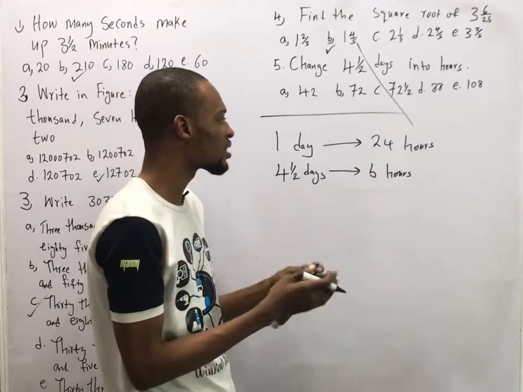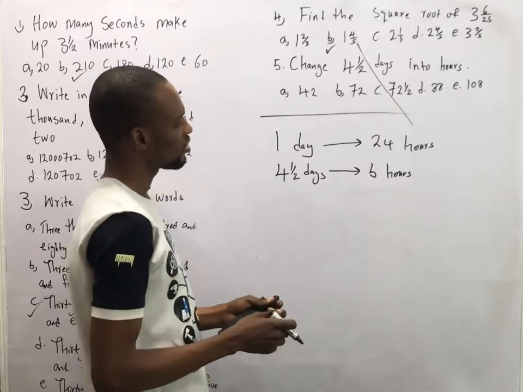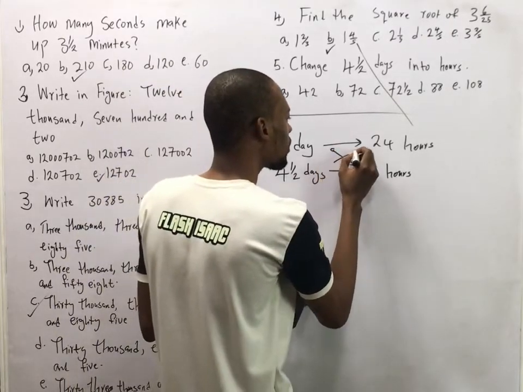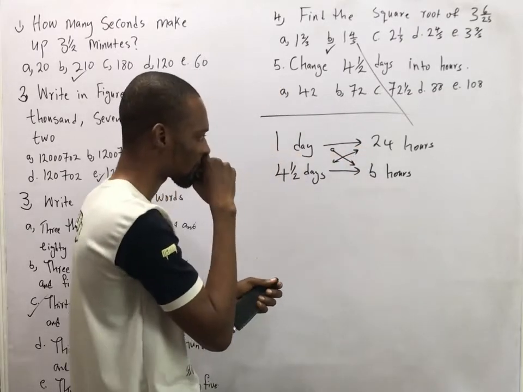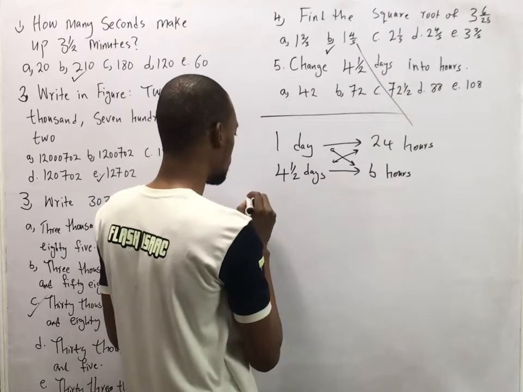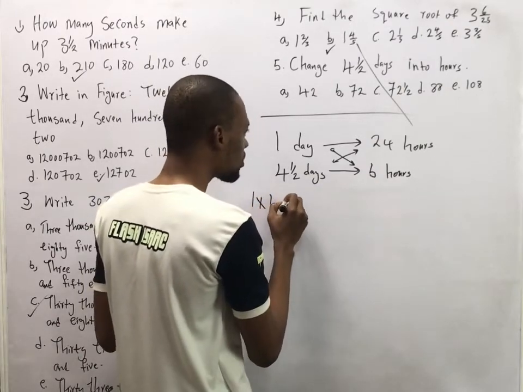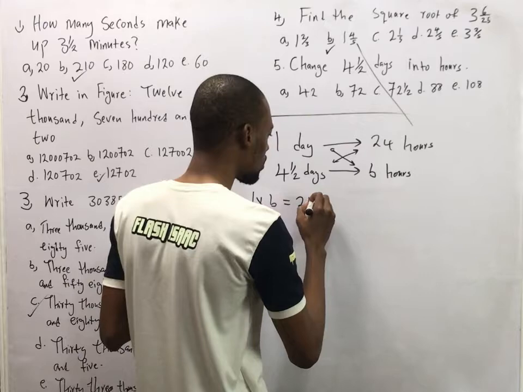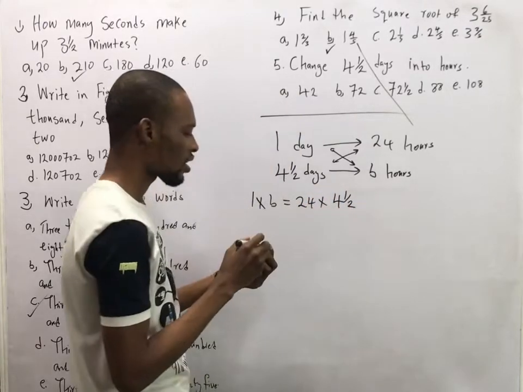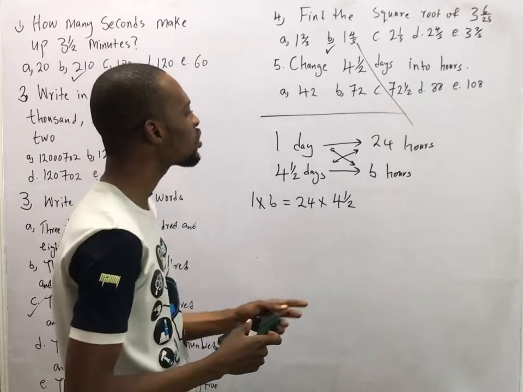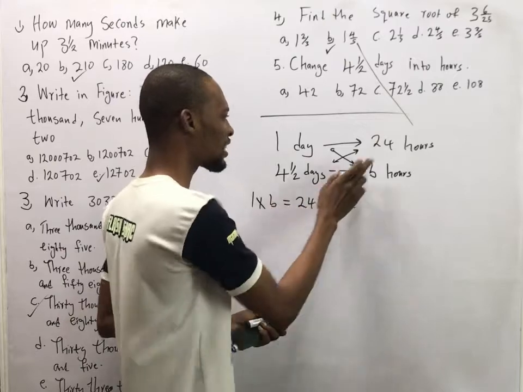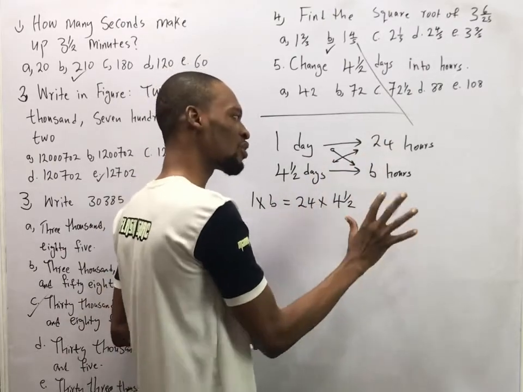So that's that. Having this, we cross multiply. You do this arrow this way and you do this arrow this way. This will give you 1 day times B is 1 times B is equals 24 times 4, 1 over 2. And cross multiplying, you choose what you multiply first. You can say let this one come first. 4.5 times 24 is equals B times 1.